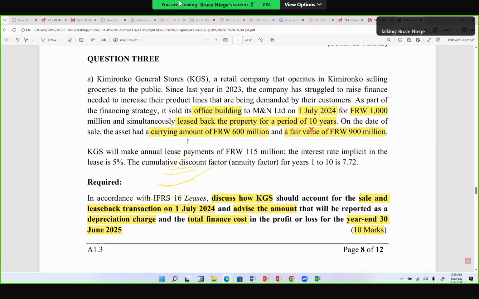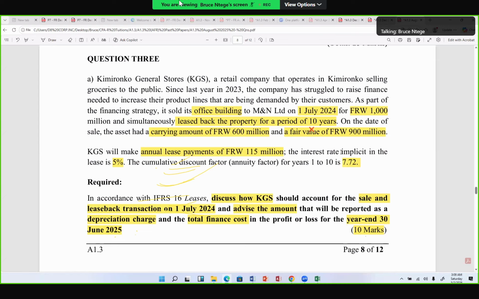Okay, they're telling me that KGS will make annual lease payments of 115 million every year. And the interest rate implicit in the contract is 5%. So that will help us compute finance cost. Now, otherwise the cumulative discount rate, they've even given you the annuity factor, so you don't need to get that done per year.